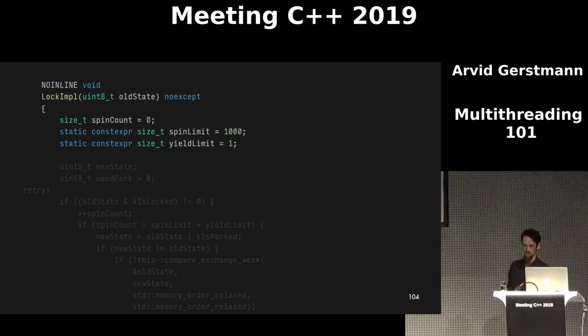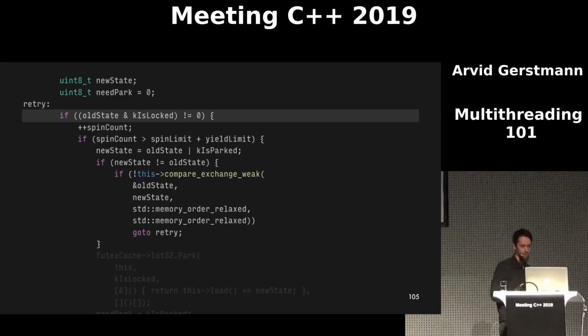These numbers are equally made up, although they have been tested on several architectures and verified to work pretty well and not interfere too much. But this can always be tweaked for your use case. If your contention is profiled to be much longer, you can turn the spin limit up a little bit to spin longer, and therefore reduce calls to the kernel.